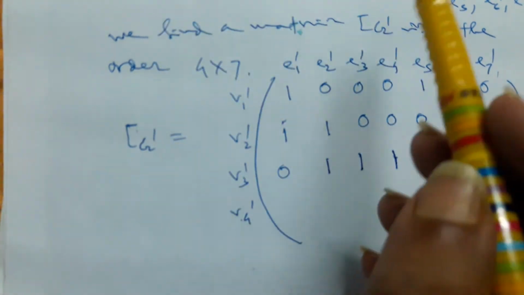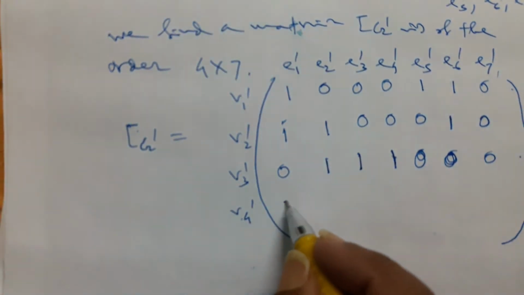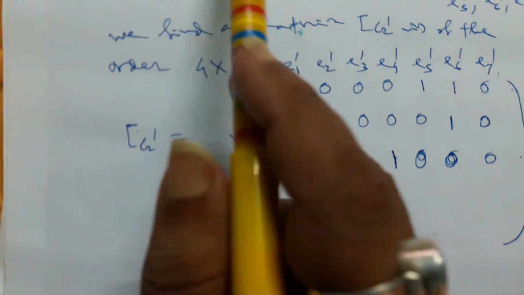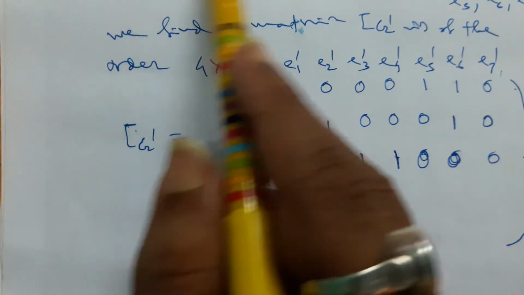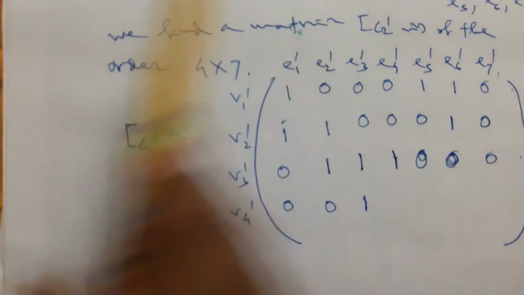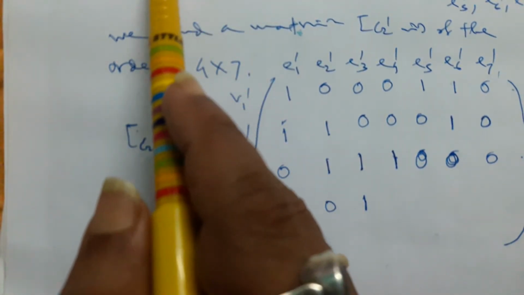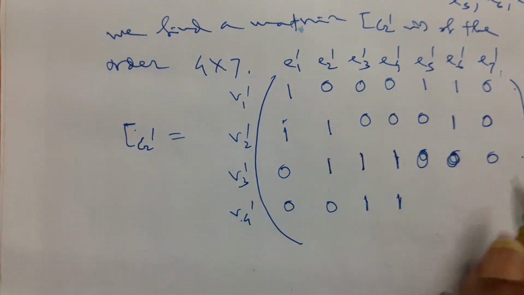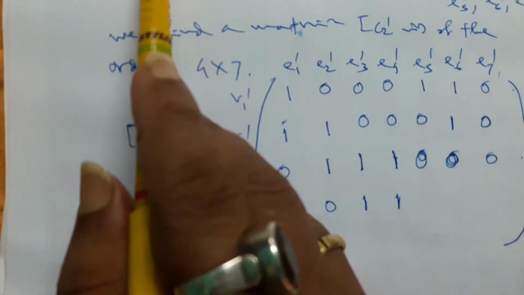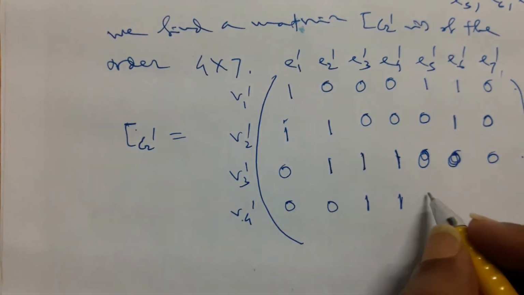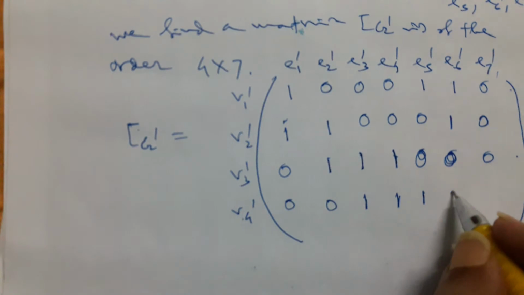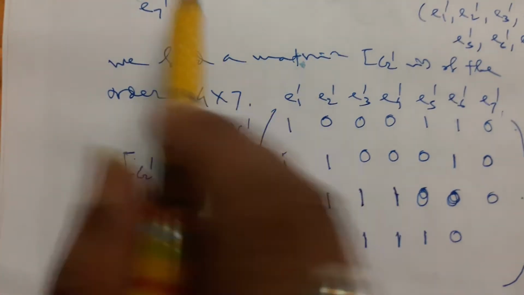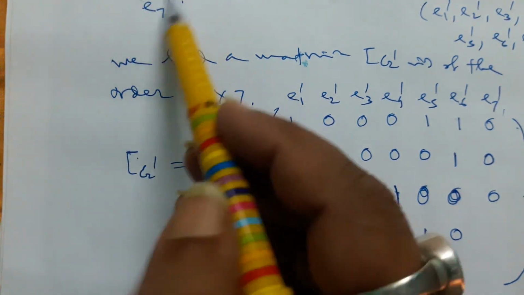Now if we consider v4' and e1': no connection, so 0. v4' and e2': 0. v4' and e3': one endpoint, so 1. v4' and e4': parallel edge, one endpoint, so 1. v4' and e5': the result will be 1. v4' and e6': no connection, not an endpoint of the edge, so 0. v4' and e7': it is a loop, so the result will be 2.